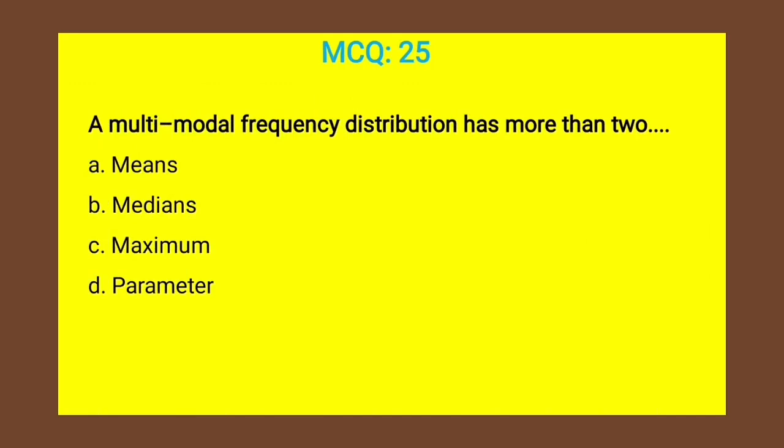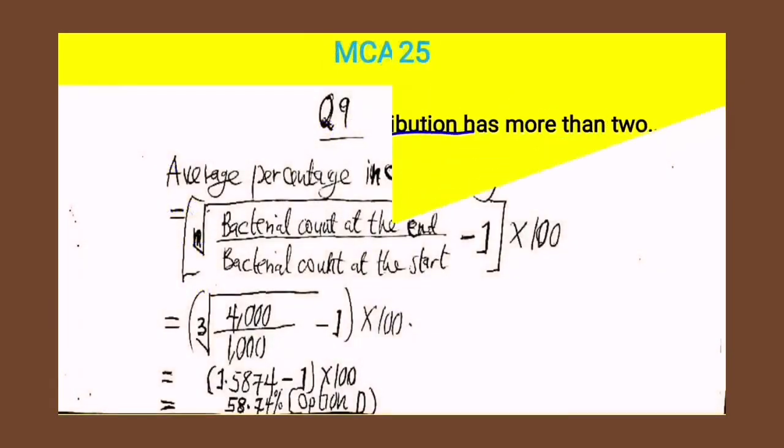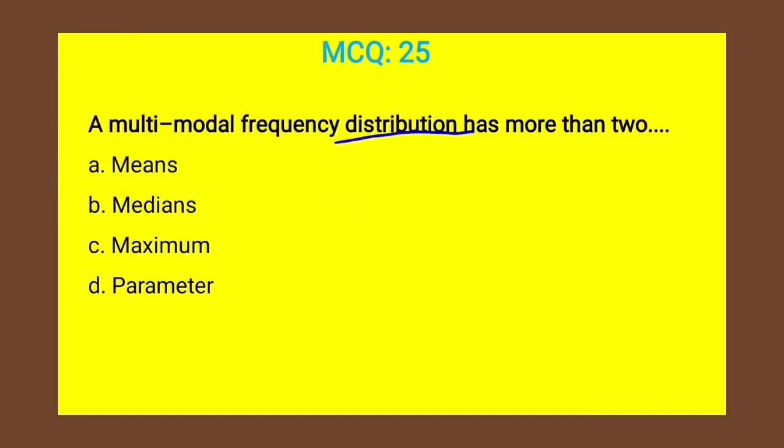Question 25. A multimodal frequency distribution has more than dash. Please take note of distribution here. The modes have been distributed in a frequency form, in a distribution form, which can be in the form of a normal distribution or any form actually.